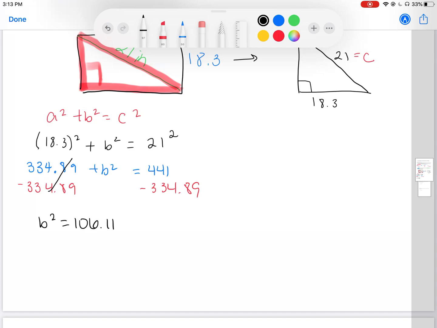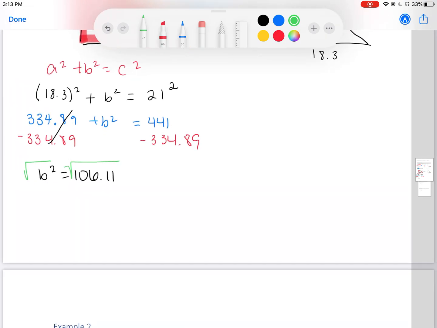Now, that is our answer for b squared, but we want b. So we're going to undo that square by taking the square root of both sides.